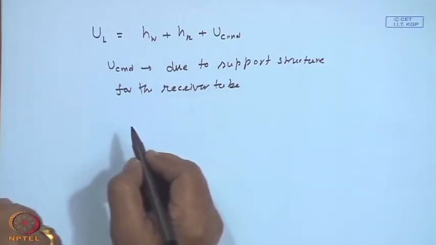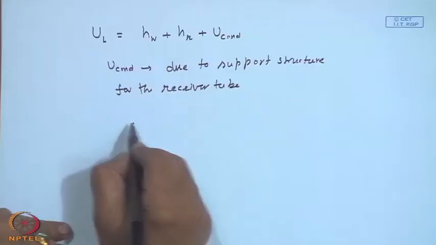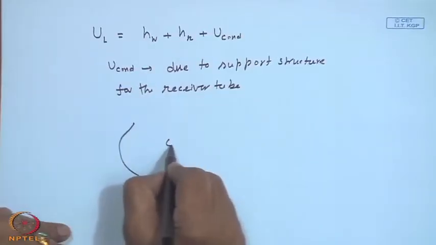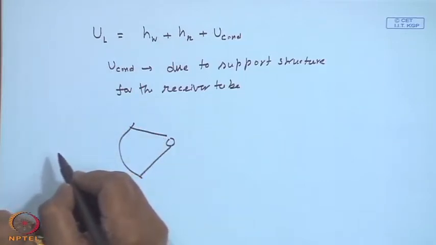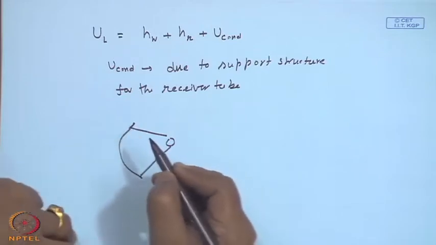Because like we have been showing schematically, the receiver tube will not be just hanging in air, and there may have to be supports with respect to the receiver or this reflector or a frame. With that, they may act like some sort of fins added to the receiver tube, and hence there may be loss. So, my overall loss coefficient will comprise of the wind loss coefficient, a radiative loss coefficient, and the conduction loss due to the support structure.